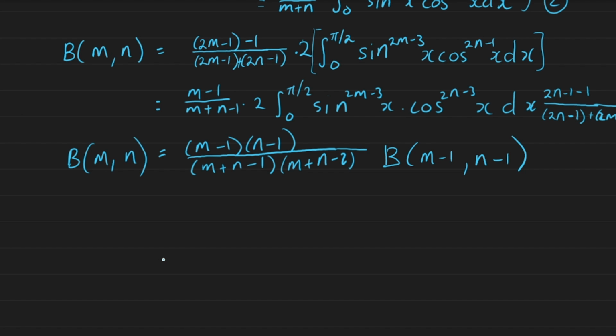So what I'm now going to do is replace this m and this n with m minus 1 and n minus 1. So I have beta times m minus 1 and n minus 1. And when I replace these terms, I get m minus 2 and then n minus 2, because m minus 1 minus 1 is m minus 2.